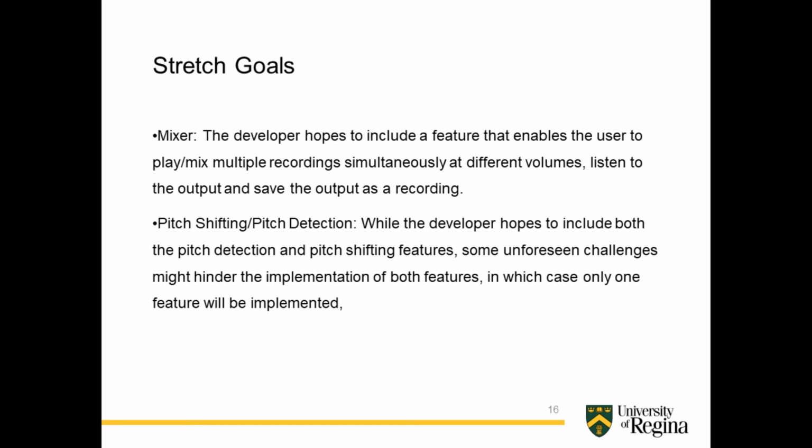What the mixer should do is combine these multiple tracks at their differently set volumes and play it all back together as a single track. Hopefully you should be able to save it as well, and once you play back the saved audio output, you would hear it as just a single track.